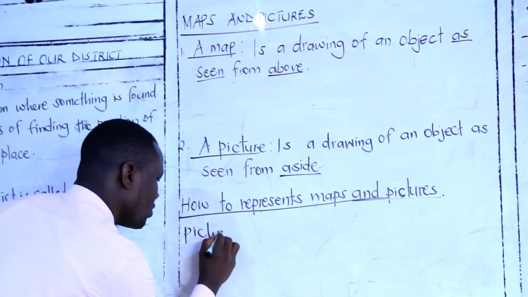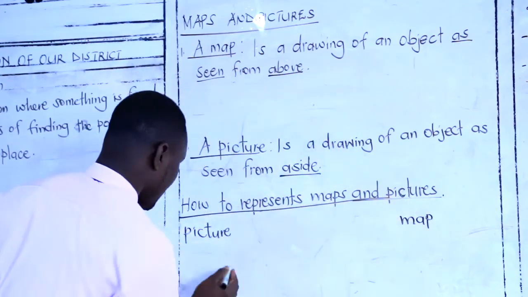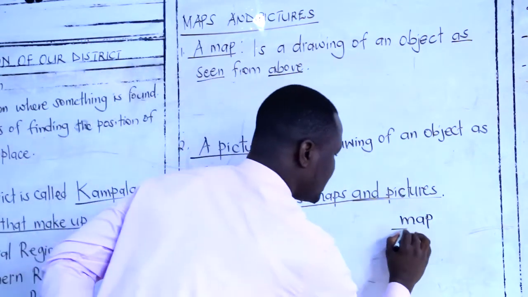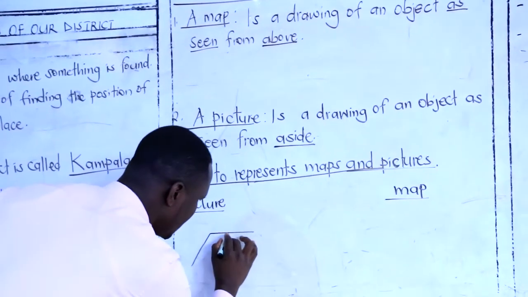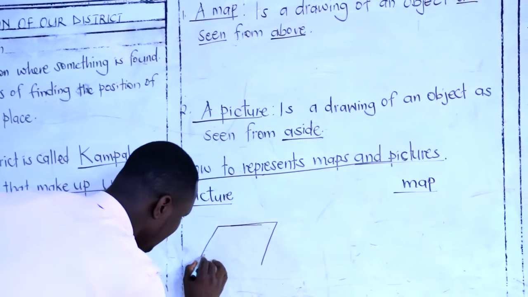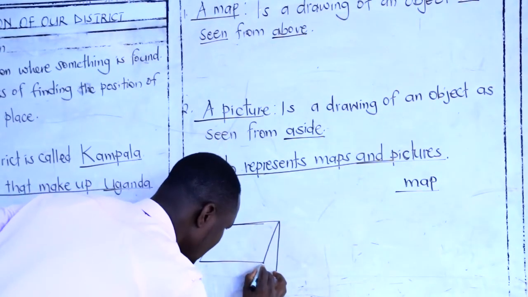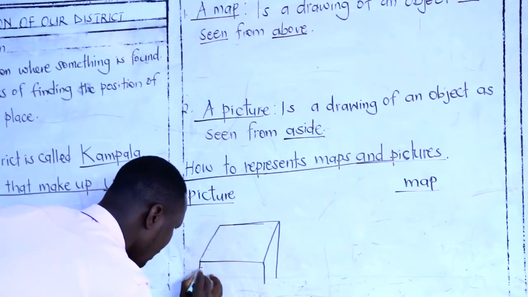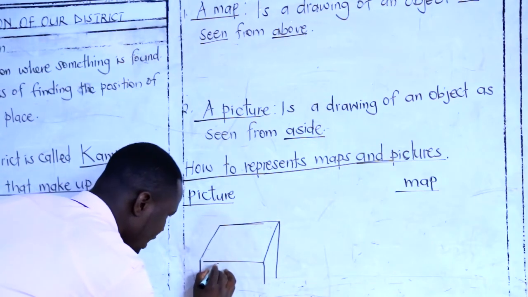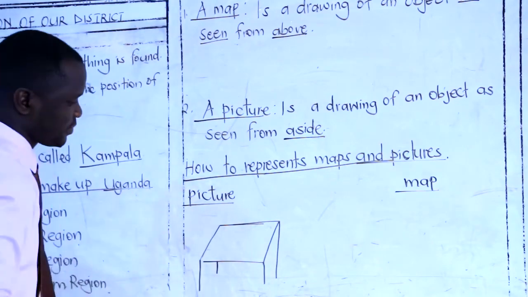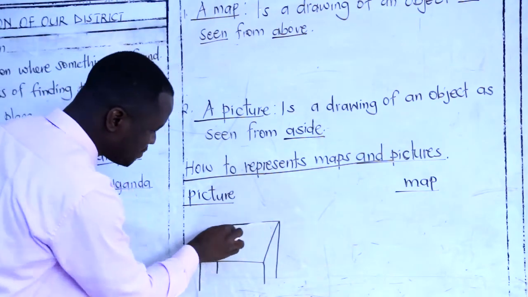If we are to draw a picture of a table, you will find that we can draw our table like this. We are drawing our table. We have drawn our table like this. This is how we draw a table, and this is its picture.